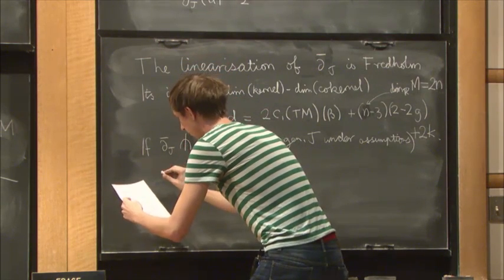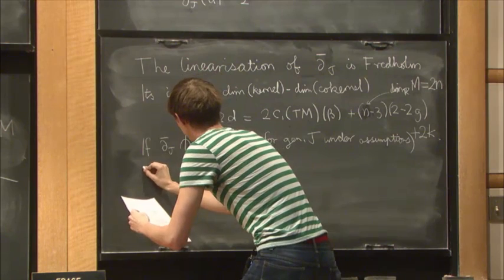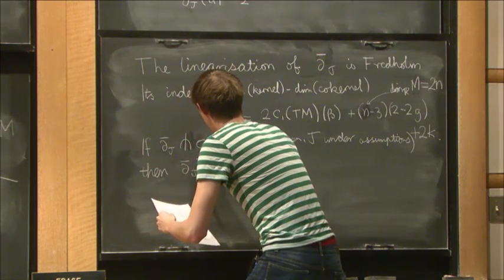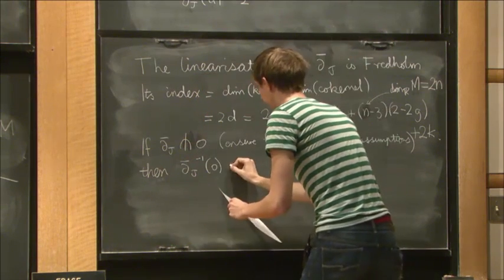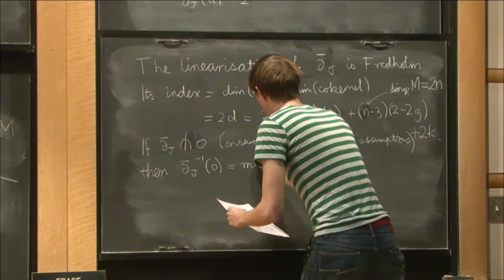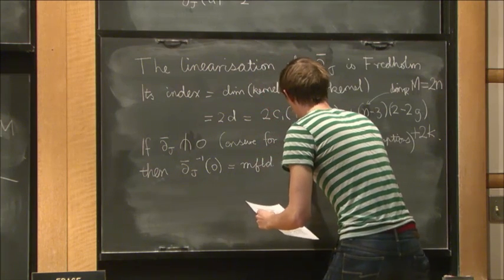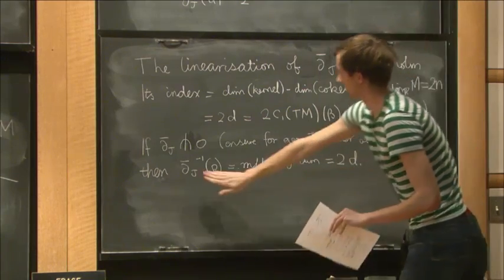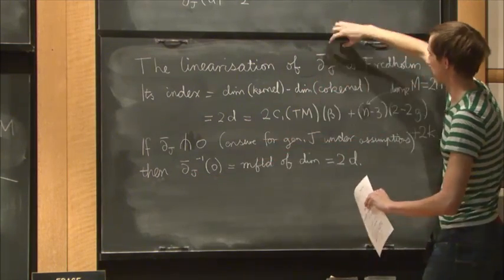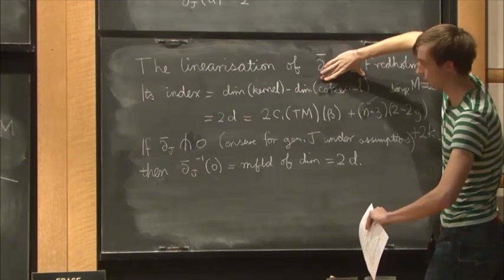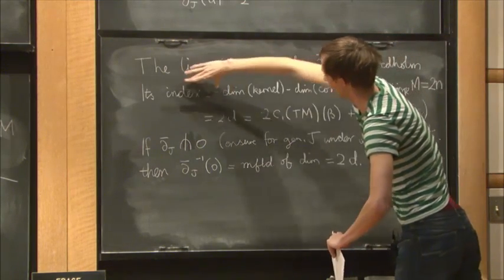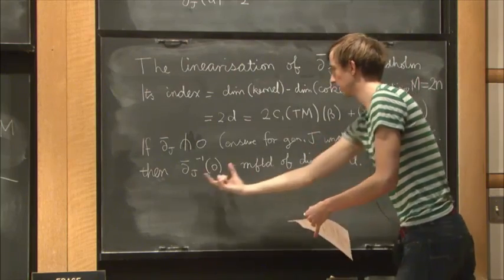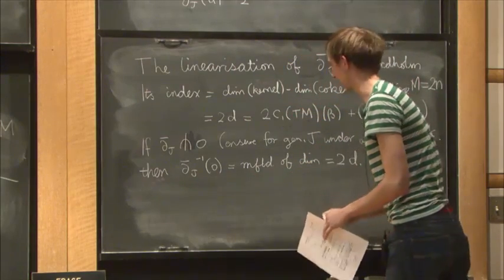So if this is true, then the vanishing locus of this section, if it's transverse, that means this co-kernel should be trivial, and the index of our operator is just equal to the dimension of the kernel, which is locally the tangent space to the vanishing locus of this section.